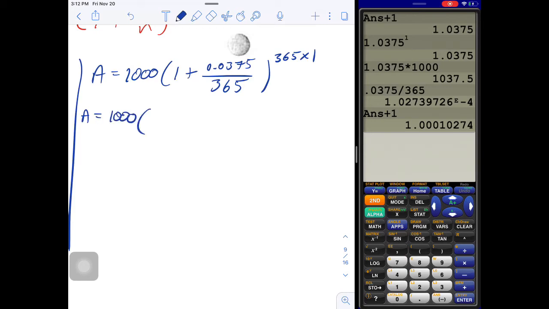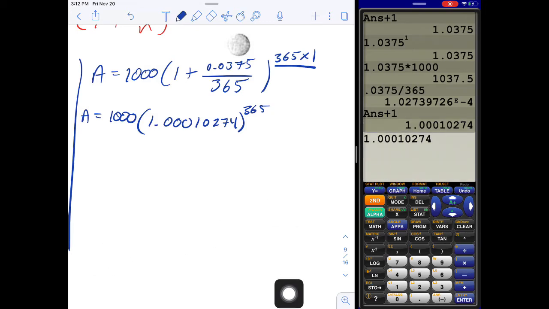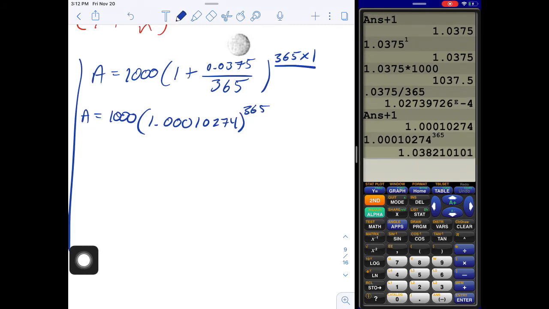So we have 10,000 times 1.00010274, and 365 times 1 is 365. So now I'm going to take this number and press the power button, and plug in 365. Okay.